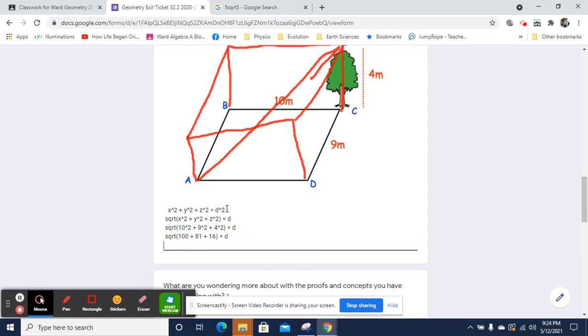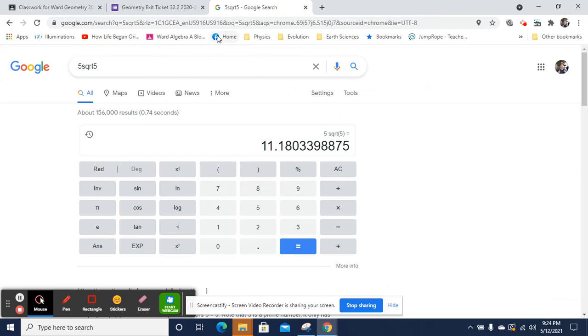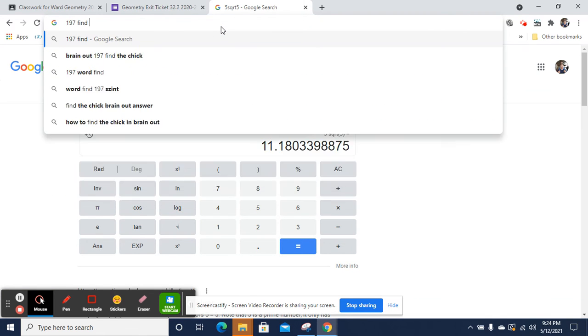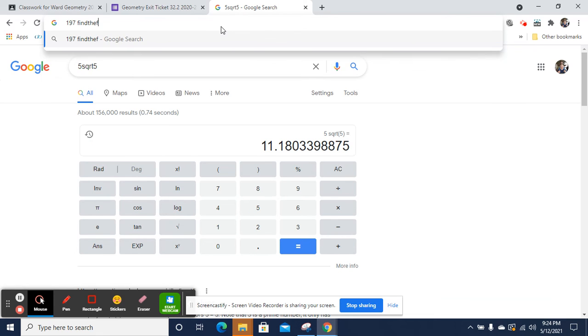That means we're getting the square root of 197. That'll equal d. Now 197, I think that may be a prime number, but we're going to check that out. Find the factors.